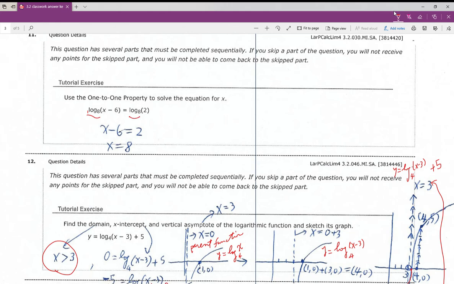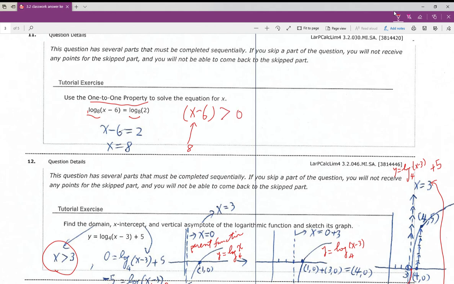yeah, you use the 1-to-1 property because log base a equals the log base a, so the input x minus 6 should equal input 2. So you solve for x. Now there's one very important thing: you need to make sure the input x minus 6, after you find x equal to 8, needs to be positive.